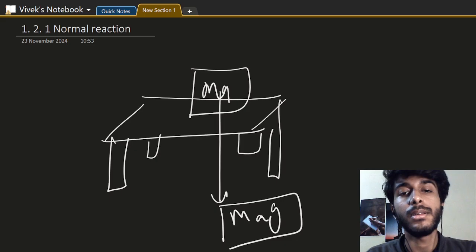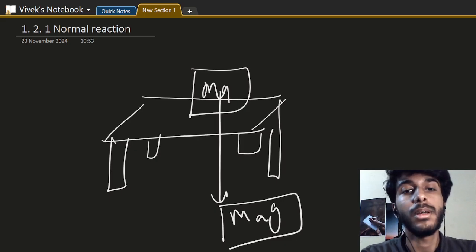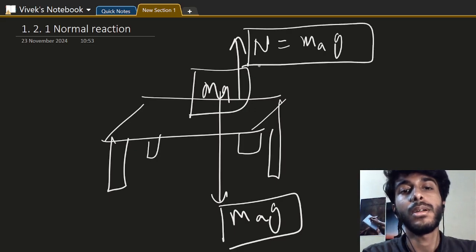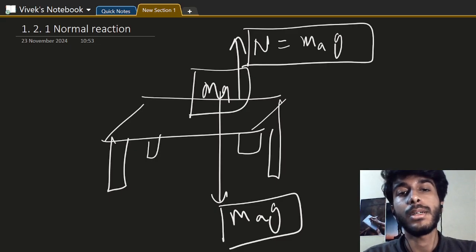Why is the table holding it in its original position? Because the table will also apply a normal reaction N on it, and that normal reaction will be equal to Ma into g. So if there are two equal and opposite forces, they cancel each other, and hence the mass M is kept at rest on the table. So this is normal reaction.